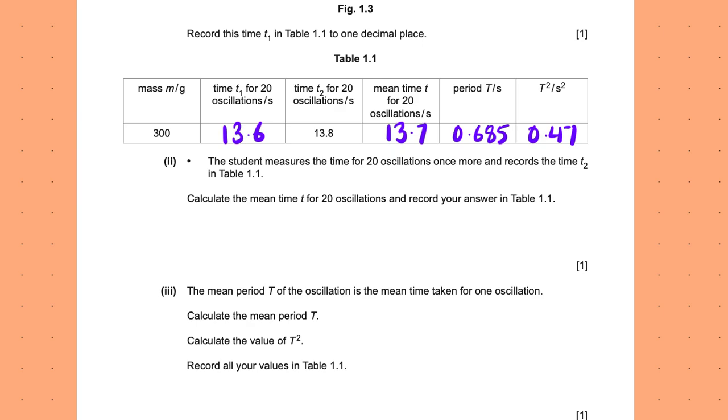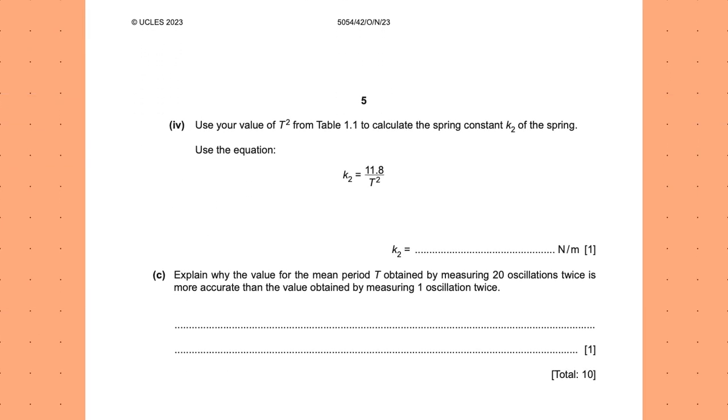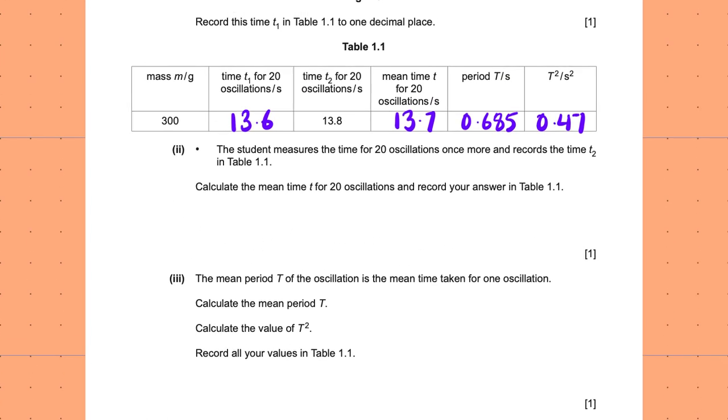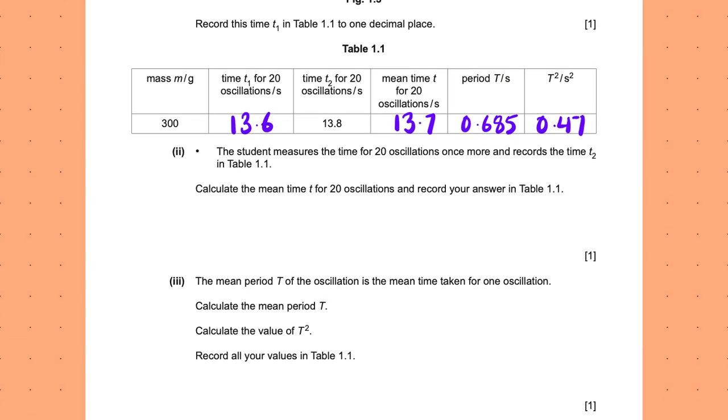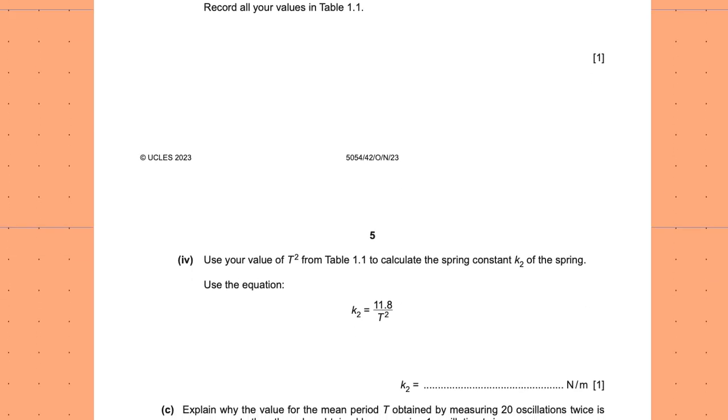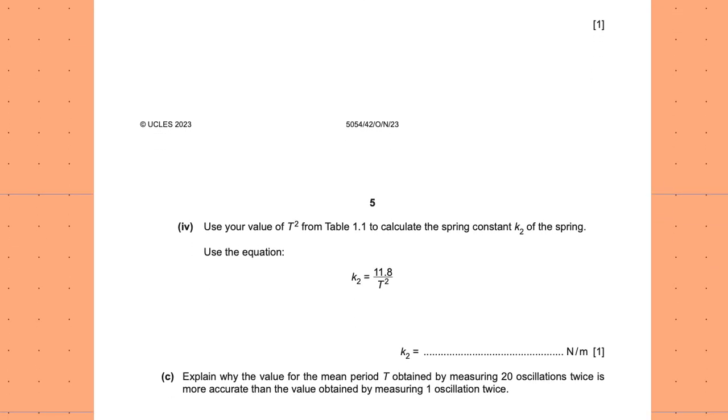Now let's go on to the next part. Use your value of t squared from the table to calculate the spring constant K2. Again, this is also really easy because you already have calculated t squared, so 11.8 divided by 0.47. So that is going to be 25.106, 25.1.